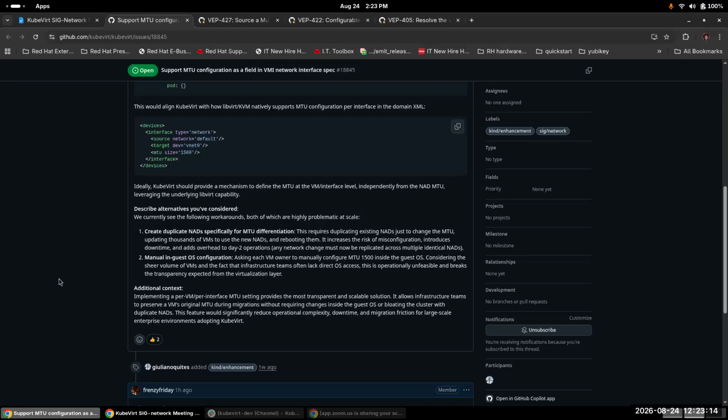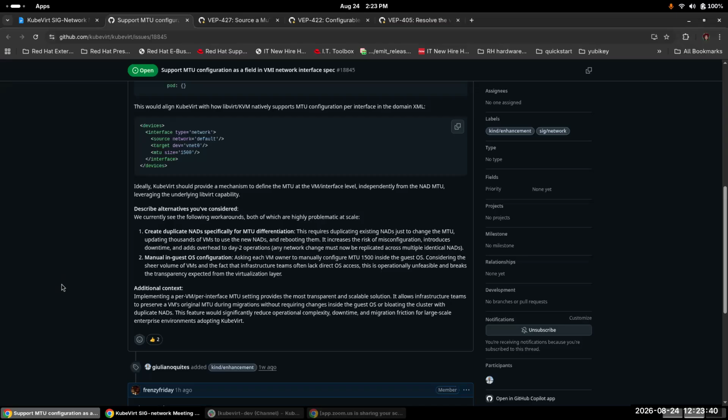I'm familiar with this specific case because they reached out to me a few weeks ago. They want to change the MTU of an existing running VM, to switch it to a new MTU.